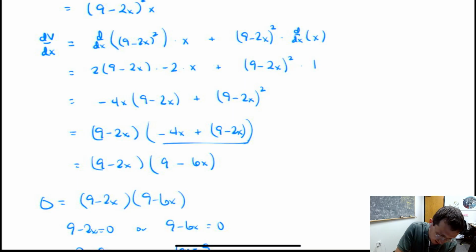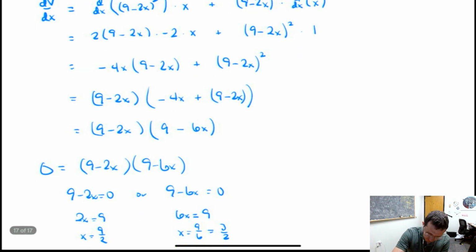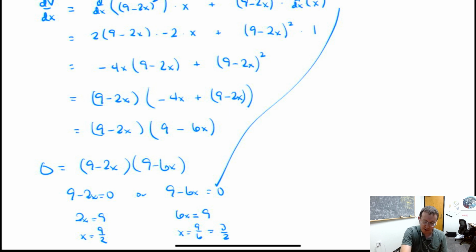And when I combine these together, I have 9 minus 4x minus 2x, and the minus 2x and the minus 4x combined together to give me a minus 6x. Now, if there's anything that's still unclear about how I did any of this, let me know.